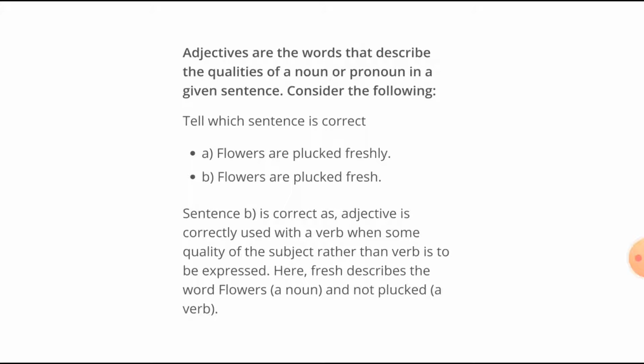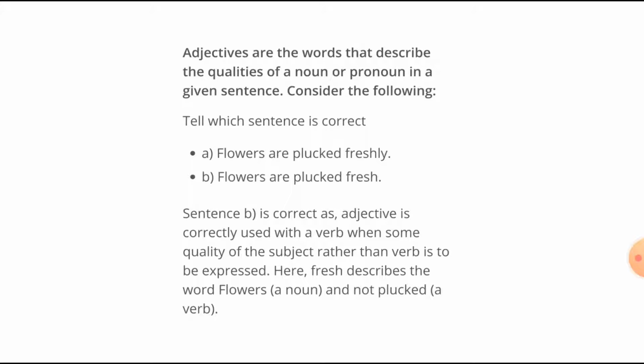Tell which sentence is correct. Flowers are plucked freshly. Flowers are plucked fresh. Sentence B is correct, as an adjective is correctly used with a verb when some quality of the subject rather than the verb is to be expressed.